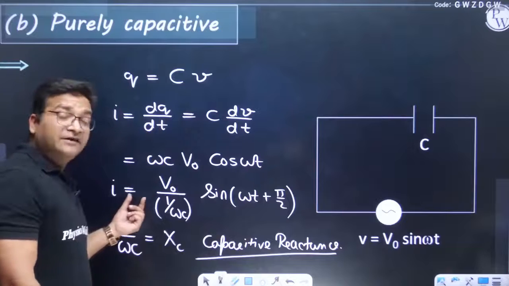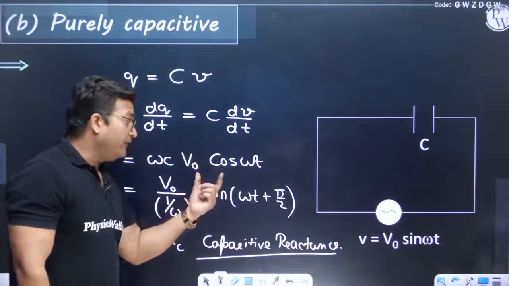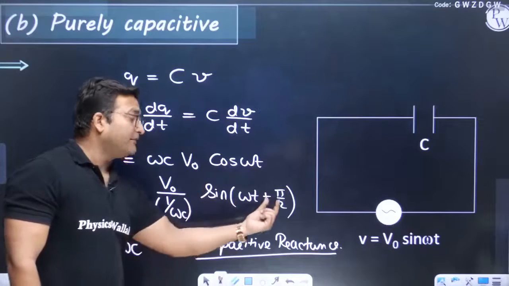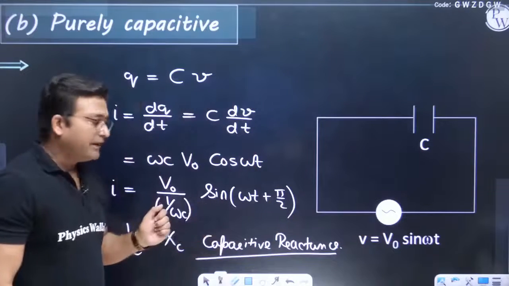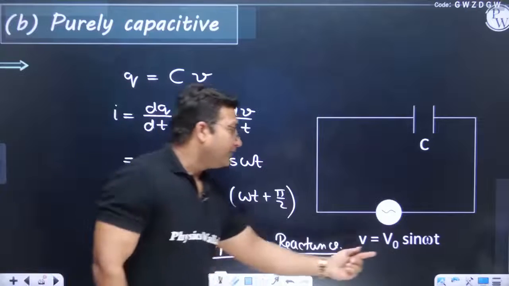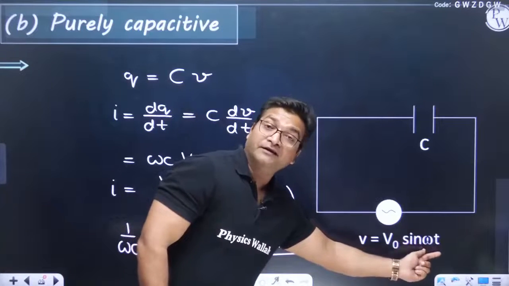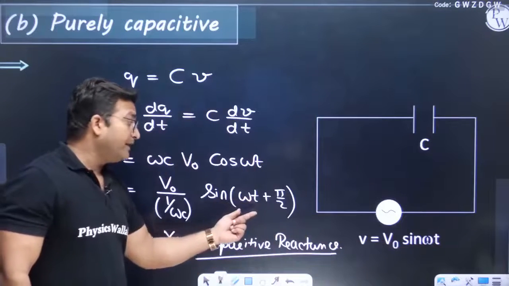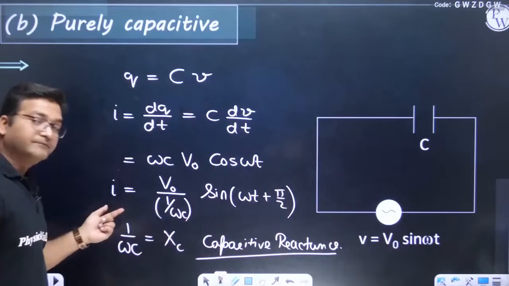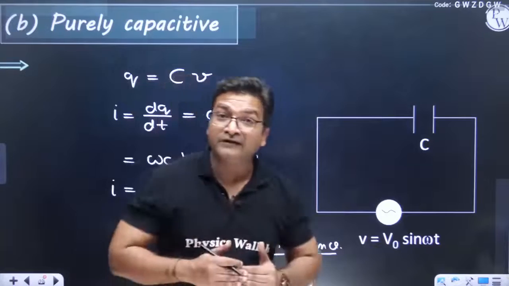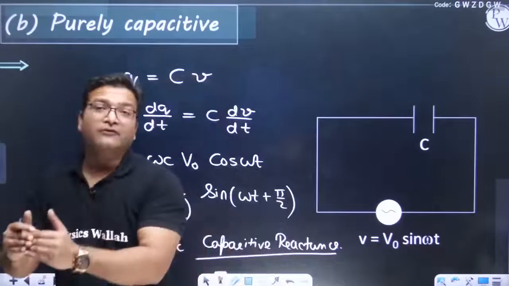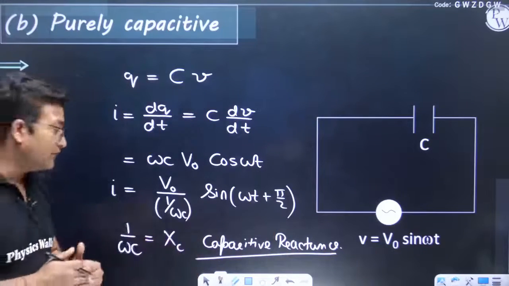As the current depends upon cos omega t, we can write it as sin omega t plus pi by 2, so these two functions are similar now. If you check closely, we have phase omega t in voltage and omega t plus pi by 2 in current. So in terms of phase, current is leading the voltage by 90 degrees, or pi by 2.